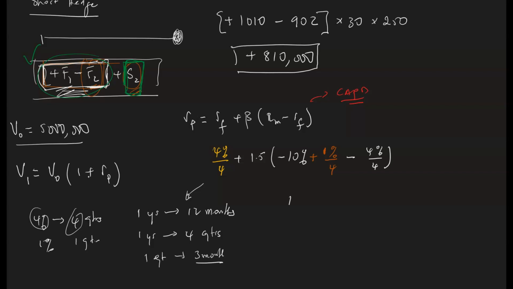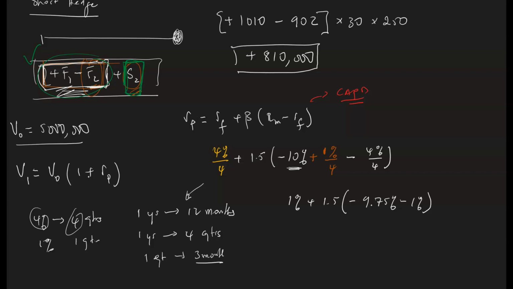Now what that gives us is 1% plus 1.5, which is the beta, multiplied by, that is minus 10%, and this 1% divided by 4 is 0.25%. So that is in effect minus 9.75% minus 1%.